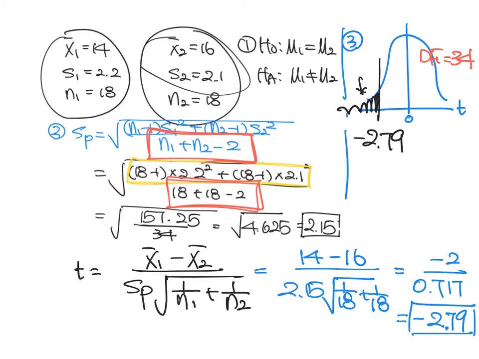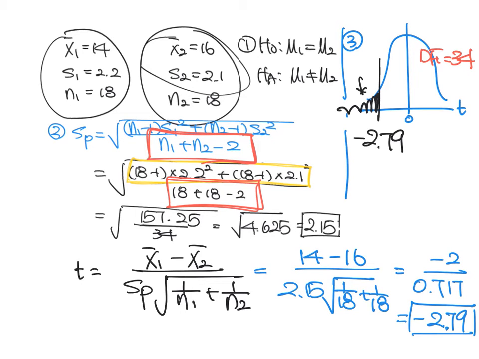We need the left tail. So please go to the menu in your calculator to get the probability, and select TCDF. The lower bound is negative 9,999, which is negative infinity, up to negative 2.79 with the degree of freedom 34.